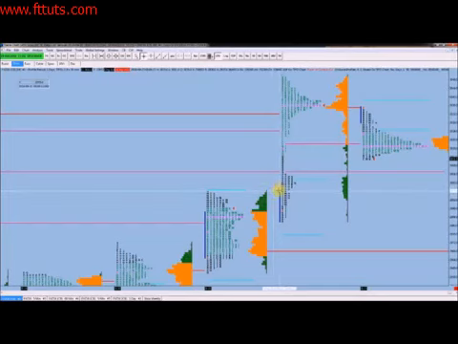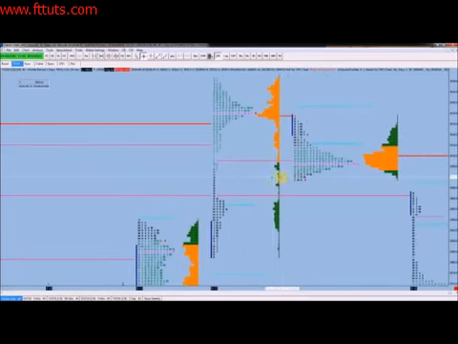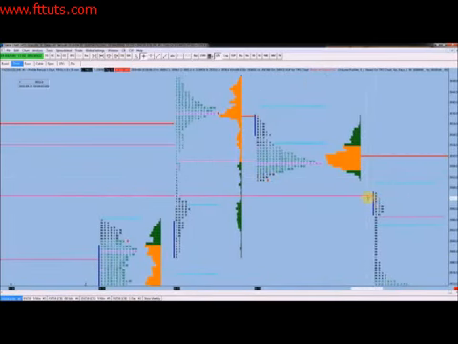We couldn't get back into initial balance, and the market then accelerated higher and used this as a trigger point, as a key area of turning, and has accelerated to the upside. Of course, when we've come here a few days later and the market has actually gapped lower, this was the beginning of this week on the back of those Deutsche Bank stories, so the market was prepped to be lower. As we've pushed back up into these single prints, we've used them as resistance, and then the market has accelerated to the downside.